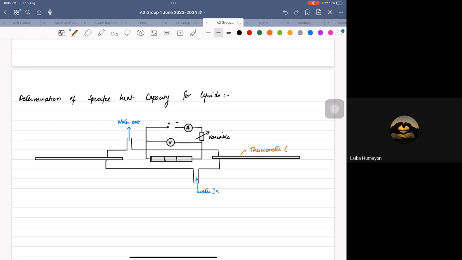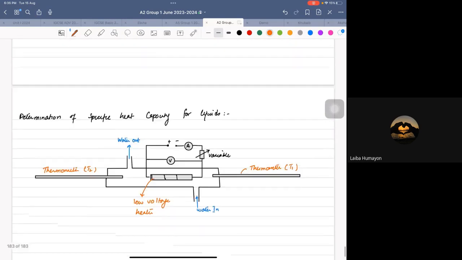Let's call this T1, and this is a thermometer, let's call this T2. This is a low voltage heater, because we don't want the central part to be super hot and the other parts to be colder. We want a less uncertain temperature. We want it to spread slowly everywhere.